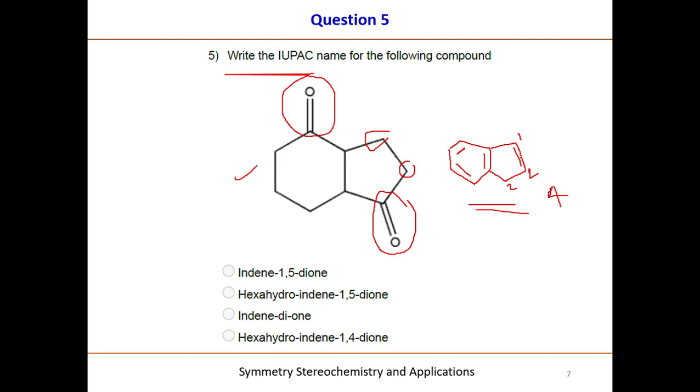Now you can see here we have 4 protons, right? So it's the same as indane, 4 protons. Now we will check the 6-member ring here.